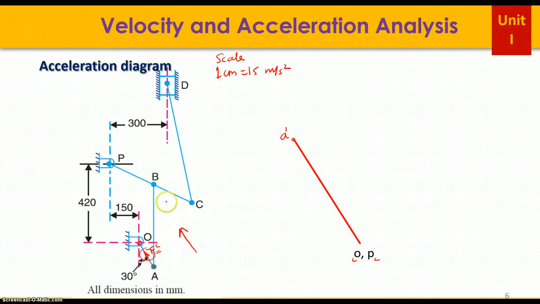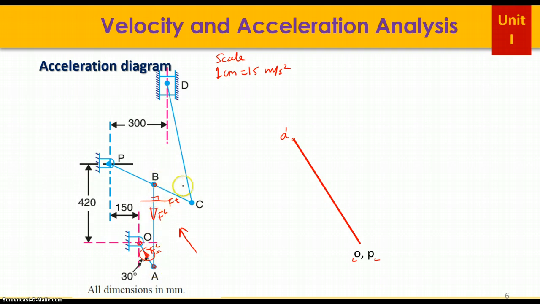Now, after A there is the next point B. So you have to say acceleration of B with respect to A will have two components, Fc and tangential component Ft, isn't it? So Fc which acts towards A and Ft is perpendicular to AB.